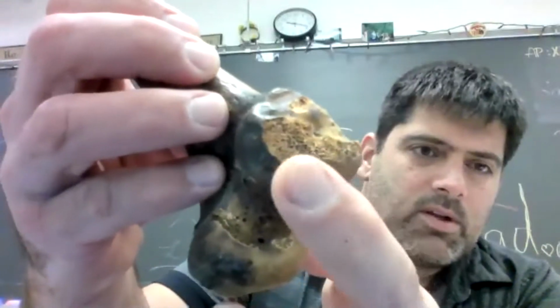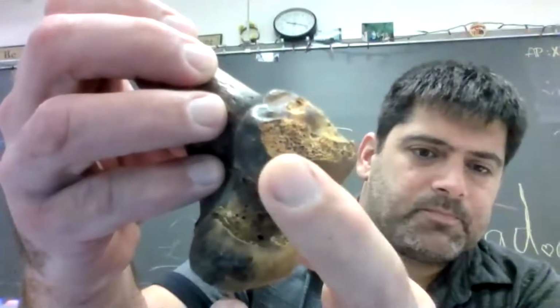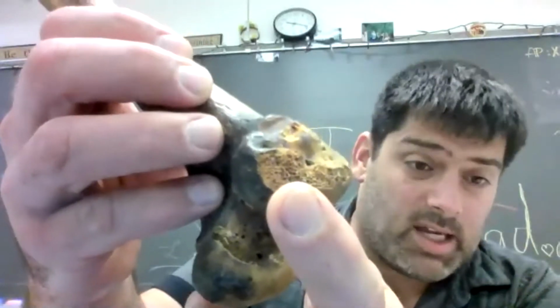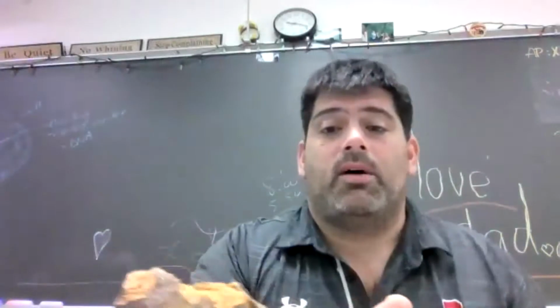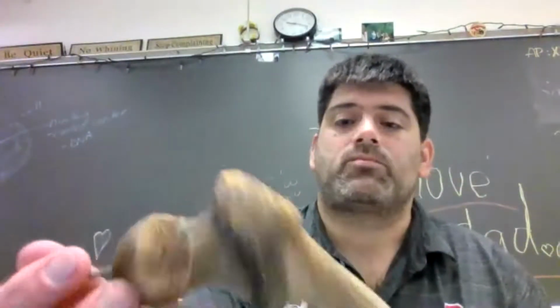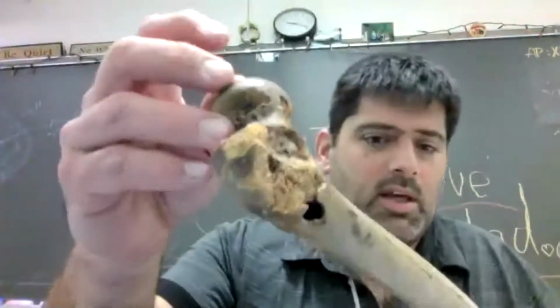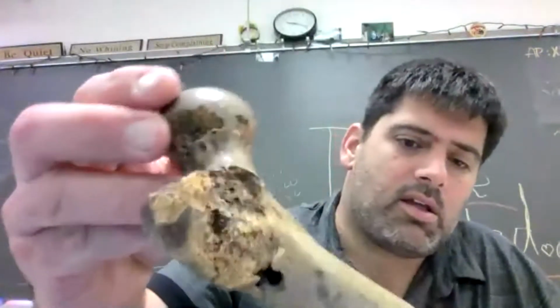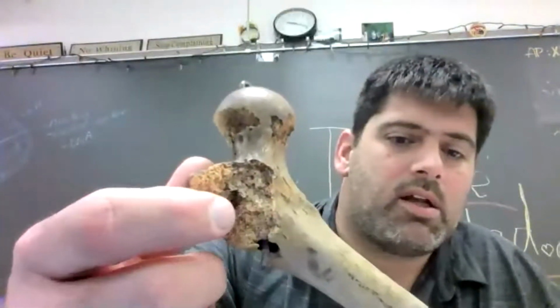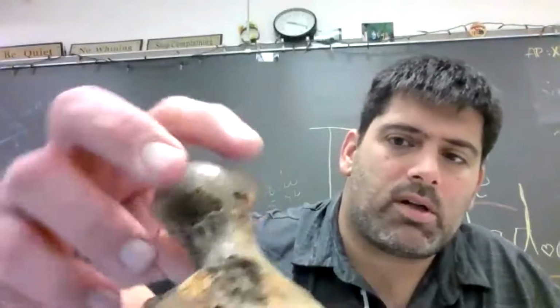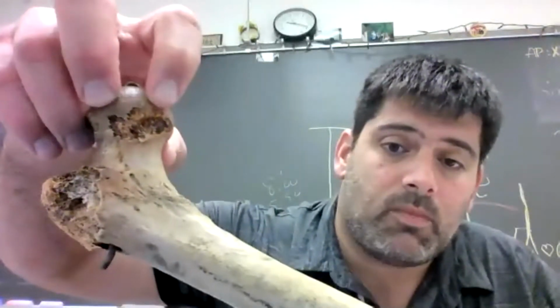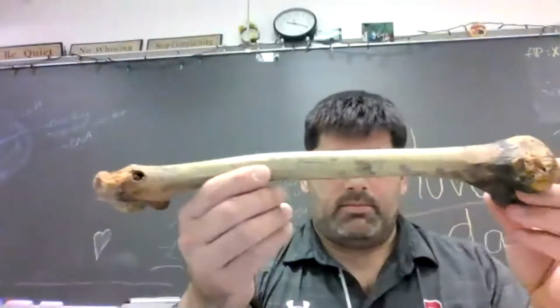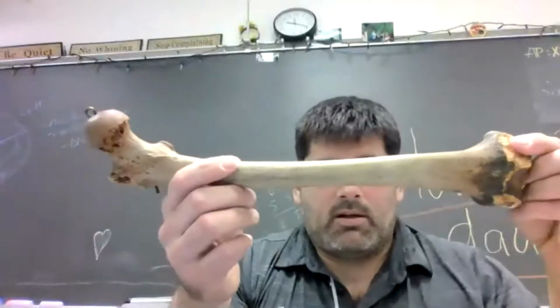There are these numerous pockets of empty space, and in life those would have been full of marrow, red marrow. We see the same thing at the proximal end. We see that marrow, or what would have been marrow containing spongy bone. So this is a human femur.